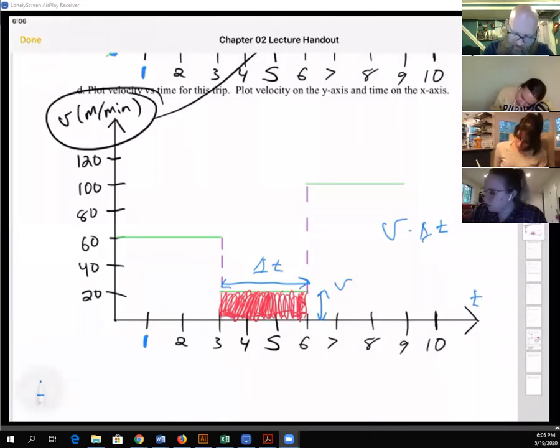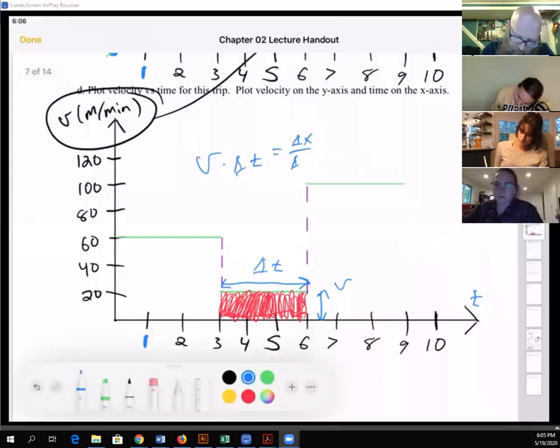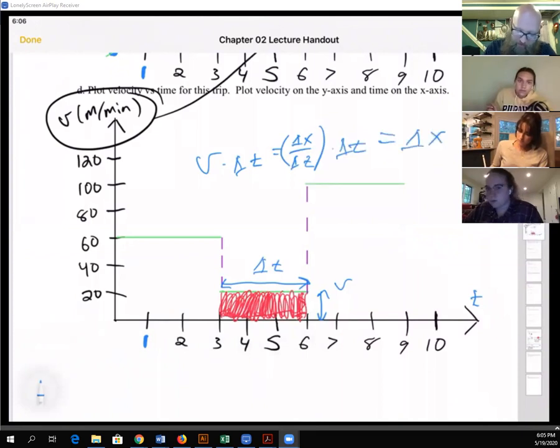If I remember that v is delta x over delta t, that's the definition of velocity or average velocity, times delta t, that really is delta x. So mathematically this area, length times width, is displacement.